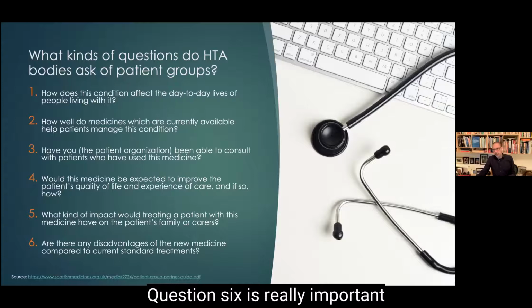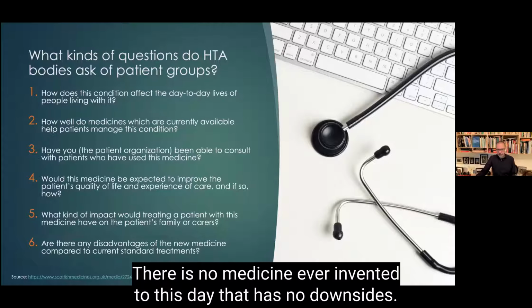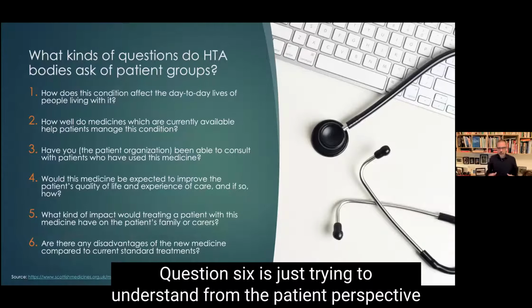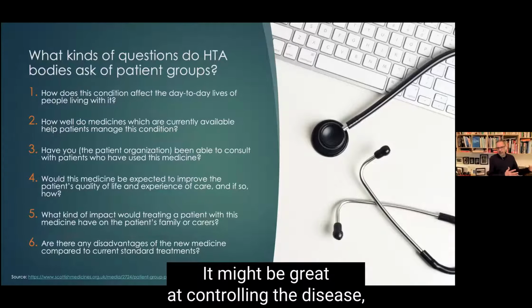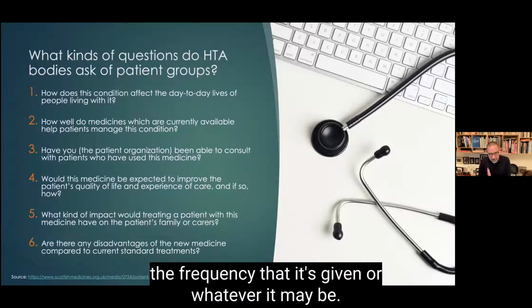Question 6 is really important. And if you're involved in this process, don't skip question 6. There is no medicine ever invented to this day that has no downsides, okay? And so question 6 is just trying to understand, from the patient perspective, what the disadvantages of this new medicine are going to be. It might be great at controlling the disease, but there may be challenges, I don't know, in the way that it's administered or the frequency that it's given, or whatever it may be.